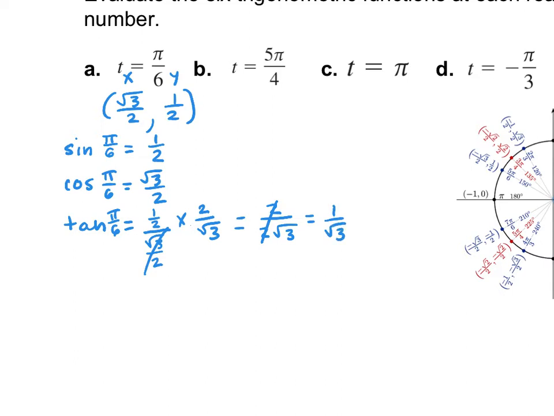And then we need to rationalize this. So what do we need to do to it? Multiply the top and bottom by square root 3. So this would give us square root 3 over 3. So the tan of pi over 6 is equal to square root 3 over 3.